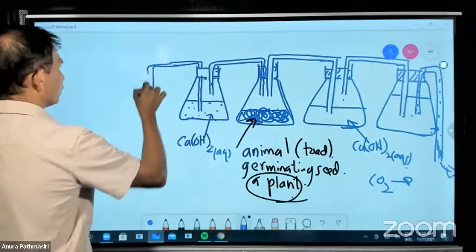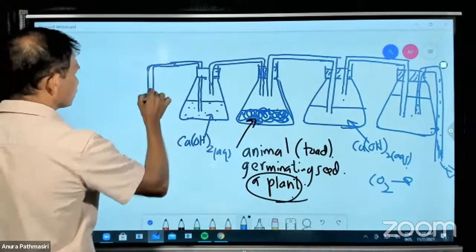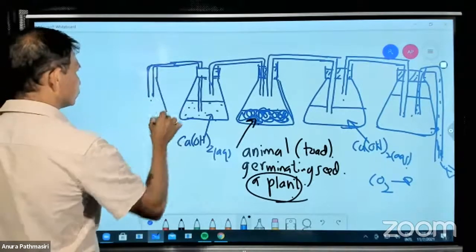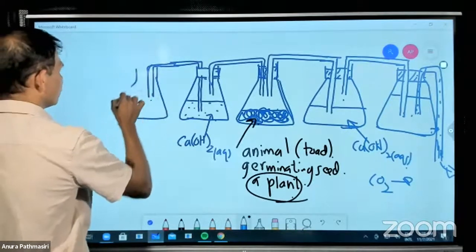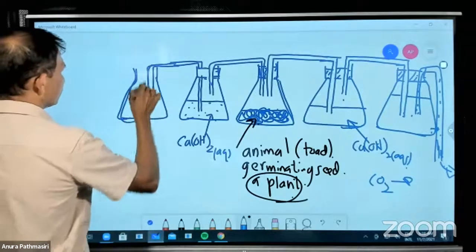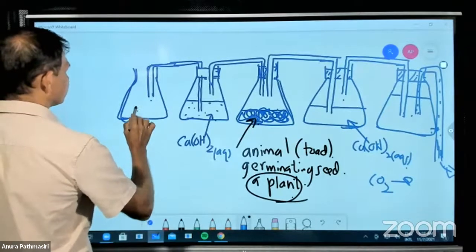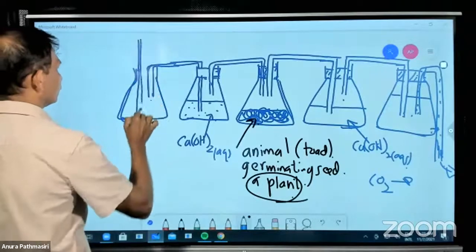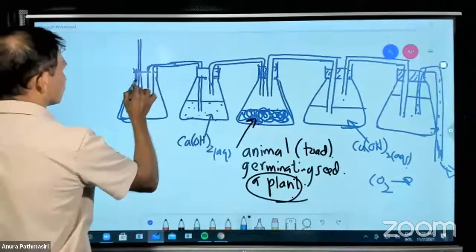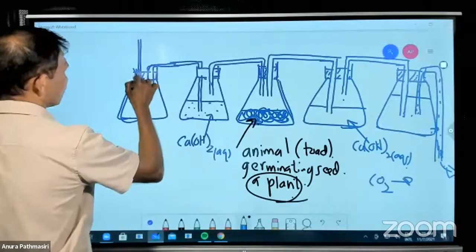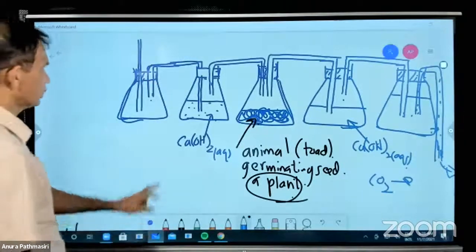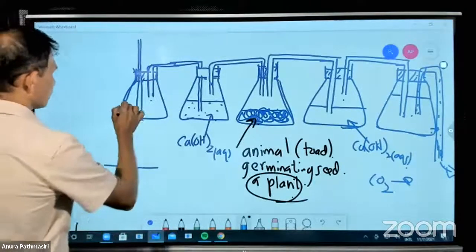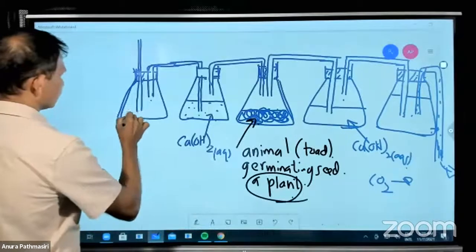And now we know how carbon dioxide is removed. Which solution should be here to remove the carbon dioxide? KOH. Right. So now you can see this is potassium hydroxide.